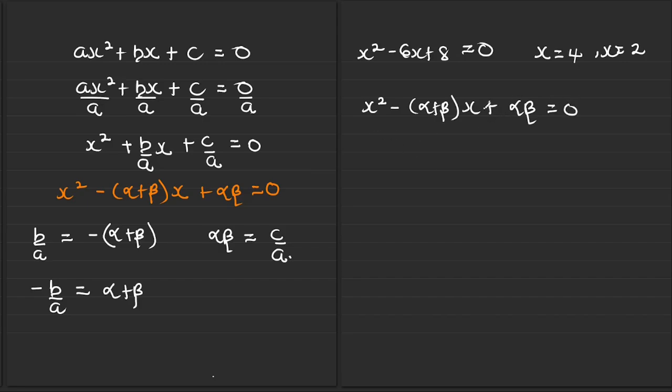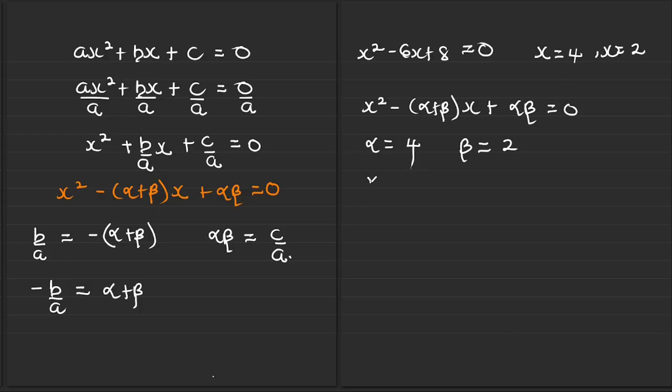That is to say, if we have the roots of our equation, and then we want the equation, you see, so this time we have the roots, and we want to see if we can get back the equation. Substituting, we can simply say our alpha is equal to 4, and then our beta is equal to 2. That is the roots, so you can just substitute any of them.